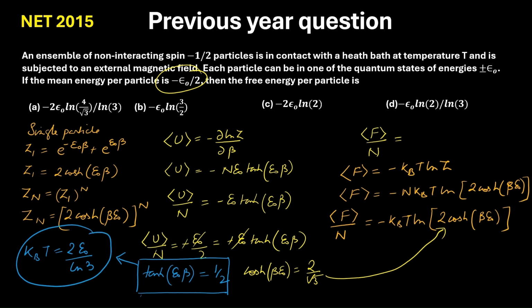So this information we will substitute here. If we substitute these two pieces of information, finally you'll get free energy per particle equal to minus 2 epsilon naught log of 4 by root 3 divided by log of 3. So this is the answer, and I think it is matching with option A.